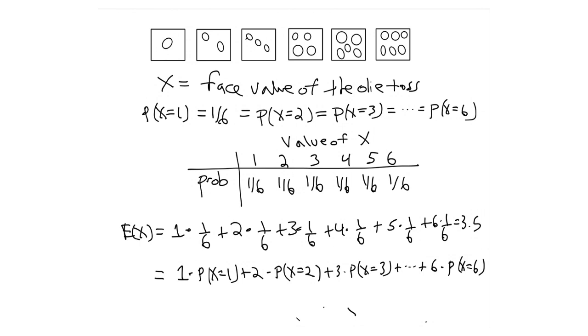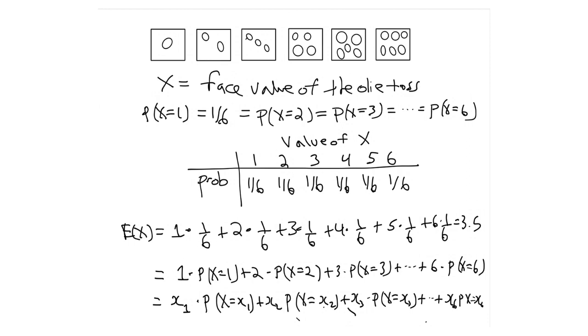And sometimes we write that, instead of writing 1, we write little x subscript 1 times the probability that x is equal to little x subscript 1 plus x subscript 2 times the probability that x is equal to little x subscript 2 plus x3 times the probability that x is equal to little x subscript 3 plus all the way down to x6 times the probability that x is equal to little x subscript 6.